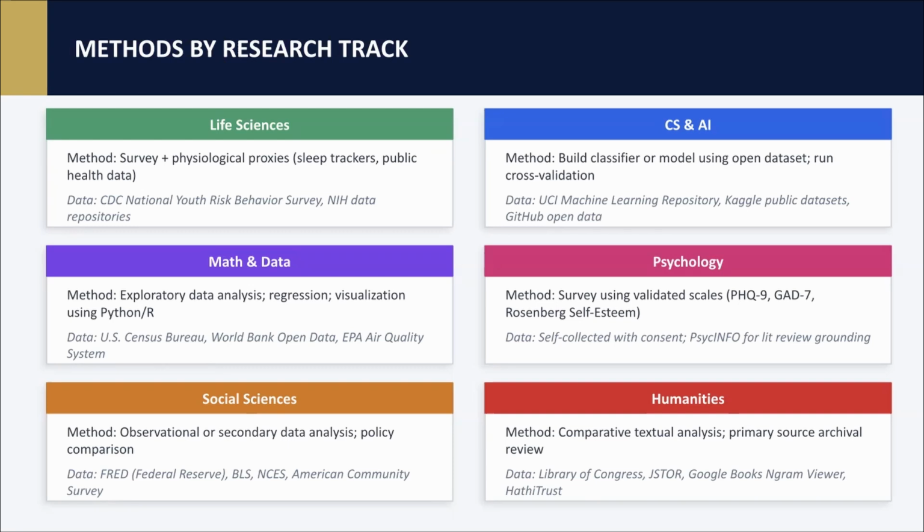And then psychology. Method: survey using validated scales like the GAD-7, the Rosenberg self-esteem scale, and more. Social sciences. Method: observational or secondary data analysis, policy comparison. And then humanities. The method is comparative textual analysis, primary source, archival review.